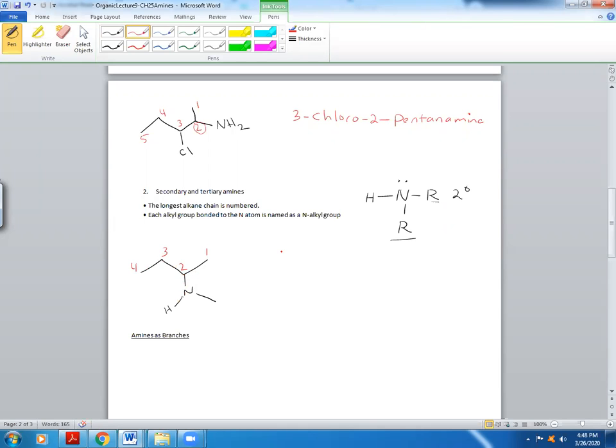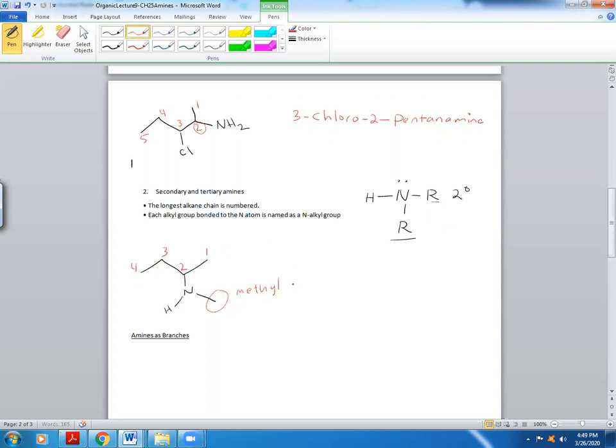So then how do we name this? Well, first of all, we have to ask ourselves, what is attached to this N? Well, this is a methyl. Now, if you were to just name this 4-butanamine, because that's what it's going to be, you are going to miss the methyl. If you were to add the methyl, just say, okay, methyl. Well, where is it going to go?